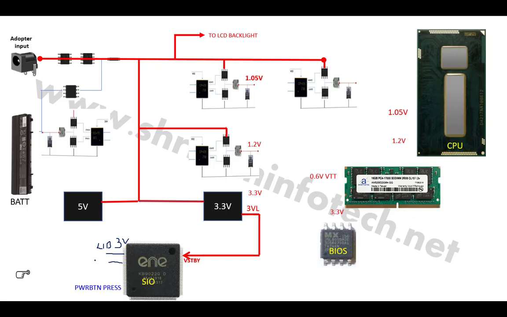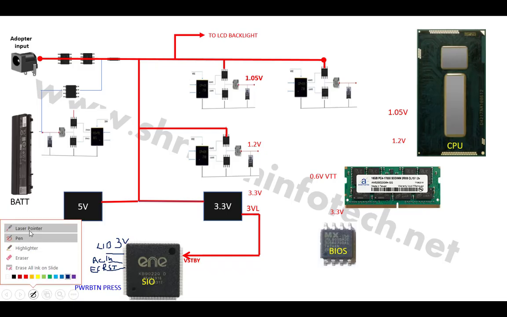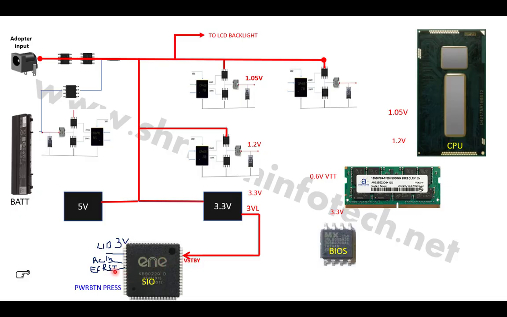Then it receives the AC in signal, that is 3 volt, and the EC reset, ECRST, that is 3 volt. So once the SIO gets this V standby voltage, then the SIO gets the reset signal, that is called the EC reset. Then the AC, that is the adapter current in signal, that is 3 volt, and the lid switch or the lid input signal, that is 3 volt.